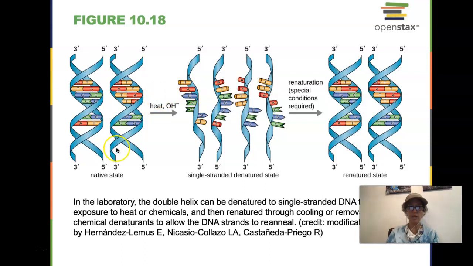Or we can expose it to chemicals, in this case, a high pH, high level of hydroxyl ions. That will disrupt those hydrogen bonds. And when they are single-stranded, they are not stable, and so we can remove the chemical that we used to denature them, or we can lower the temperature and get the strands to stick back together.